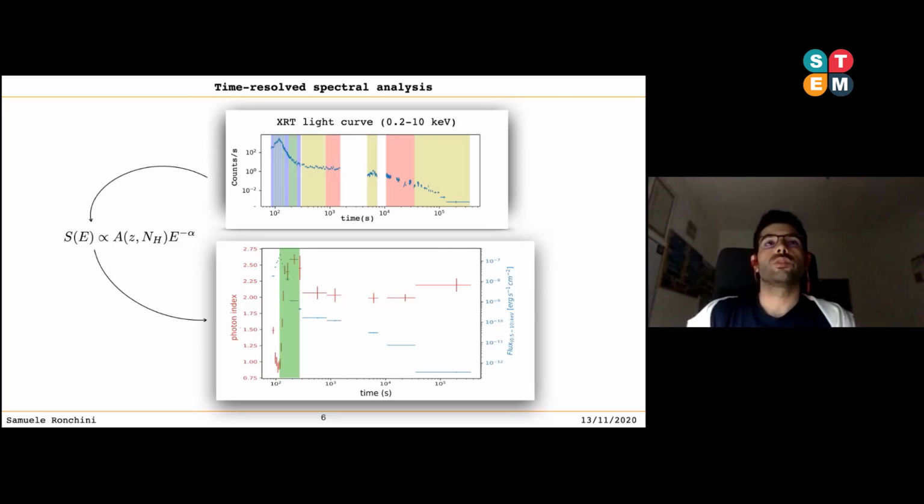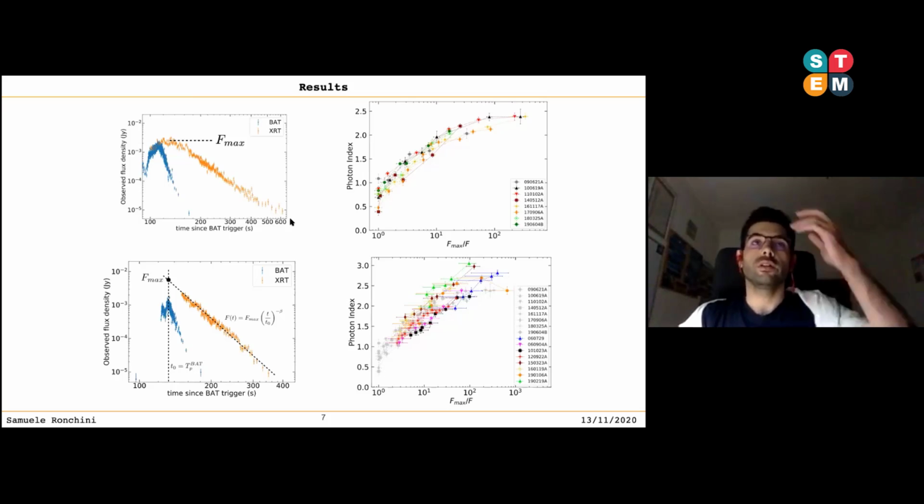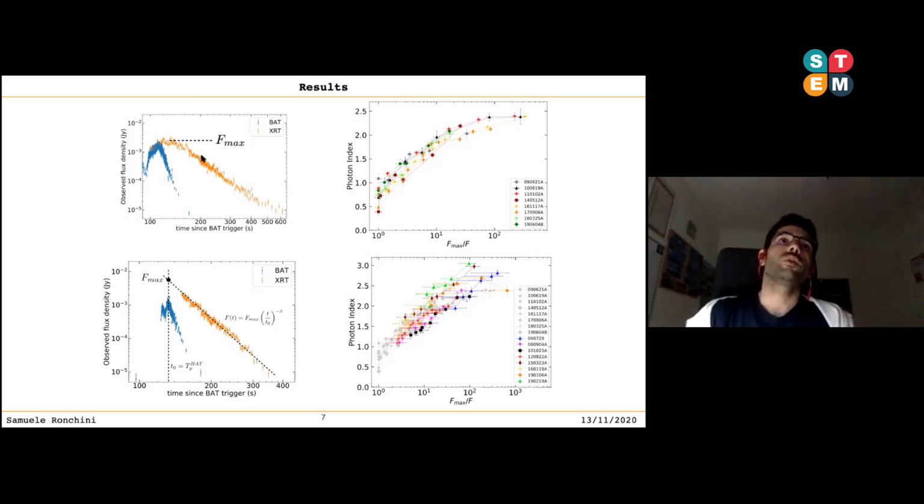This is what we found for two specific samples. The first one, which you see on the bottom part of the slide, is a sample of gamma ray bursts that have in the XRT light curve a clear indication of steep decay, which has a power law behavior in time, with a well-defined peak time, and in correspondence we have a very bright emission in hard X-rays.